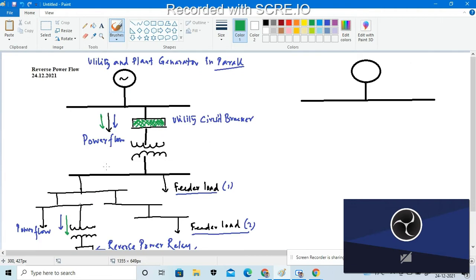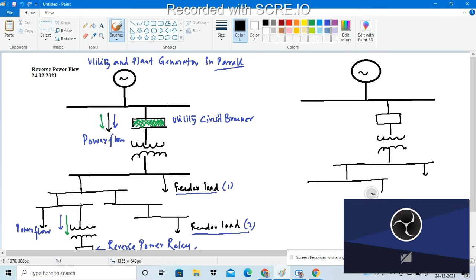Okay, so here also we are connecting a generator over here. So generating stations over here. We are connecting one utility circuit breaker over here with the transformers. Okay, so again we have a feeder load, then again this particular feeder, again this particular feeder.